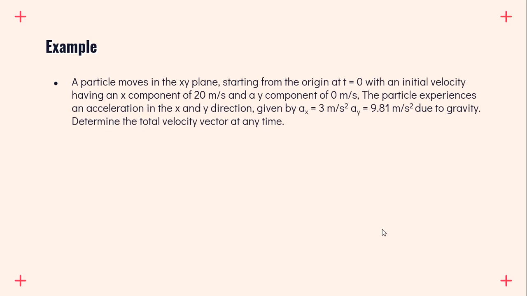The particle experiences an acceleration in the x and y direction given by ax is equal to 3 meters per second squared and ay 9.8 meters per second squared due to gravity. So we have to make this value 9.81 negative because we treat the downward direction as negative and the upward direction as positive. So determine the total velocity vector at any time.